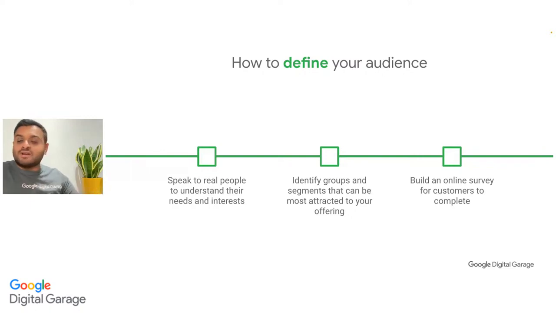But the most important thing to remember, whether it be a survey or speaking to the people directly by running something like a focus group, is that it's all well and good collating information and thinking, oh, these are their interests, these are their needs. But what we want to do is use this information and actually put it into action, putting these needs and interests at the forefront of our content creation.